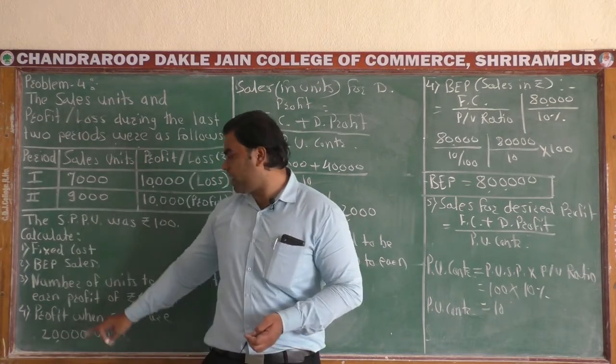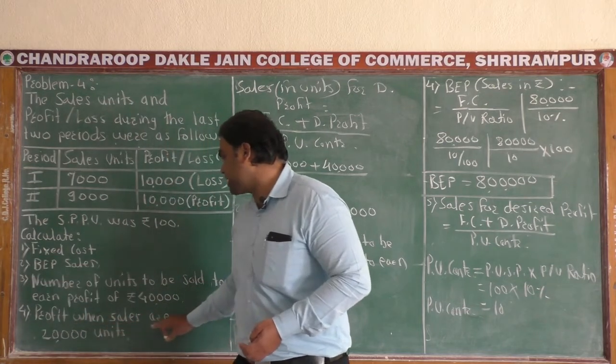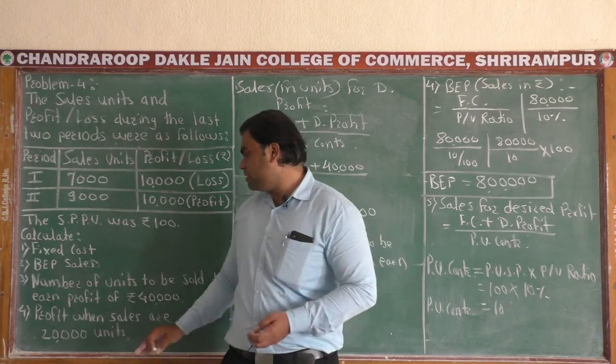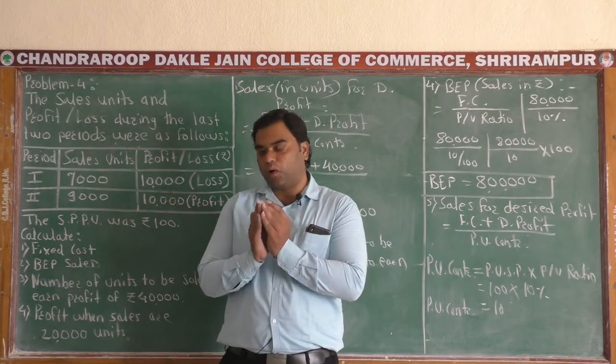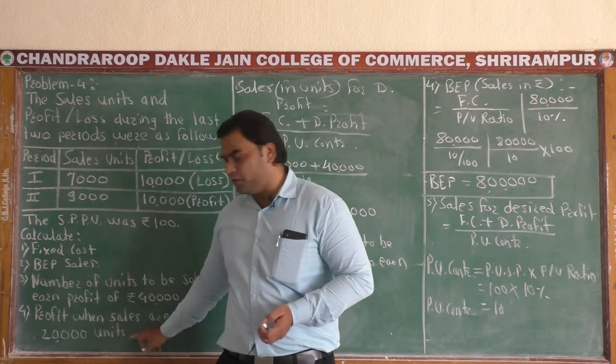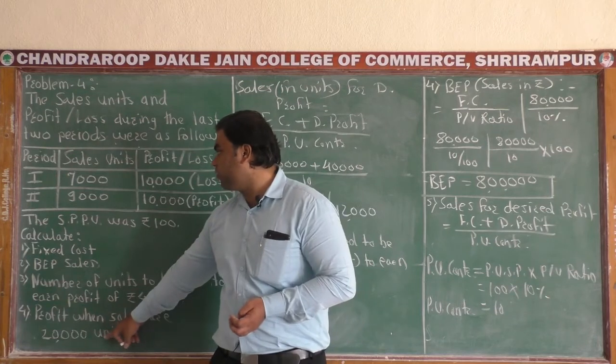So now we are going to calculate the last item, that is profit when sales are 20,000 units. Means what will be the amount of profit when the company sells 20,000 units?